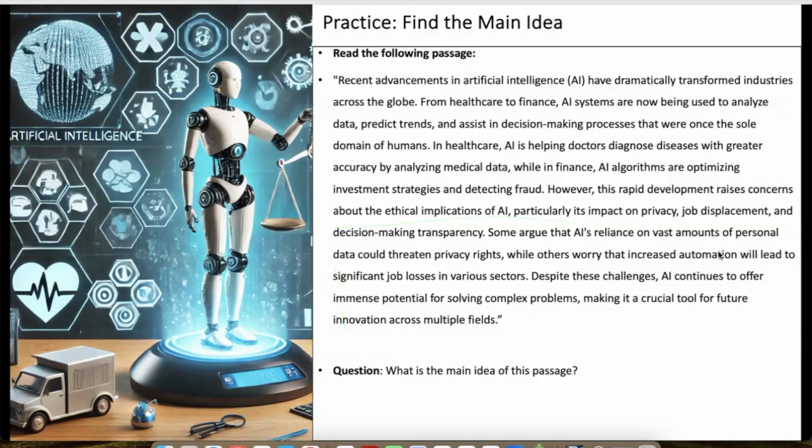Okay, the next one written by Yan Chen. "AI across the globe from healthcare to finance." Good job, Yan Chen. The next one, written by Gabrielle, says "advancement have significant impacted." Be careful, what impacts?